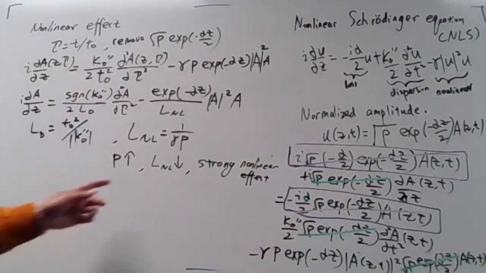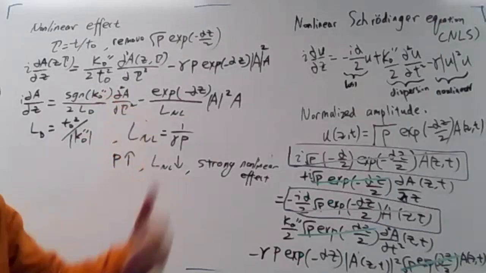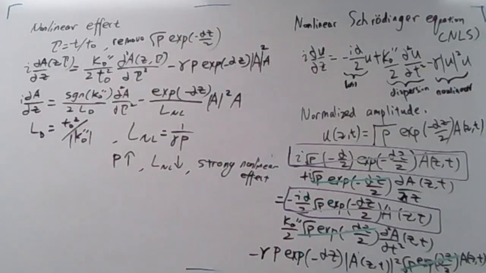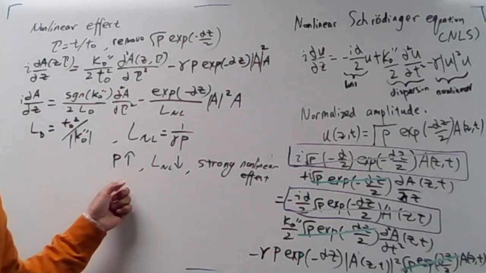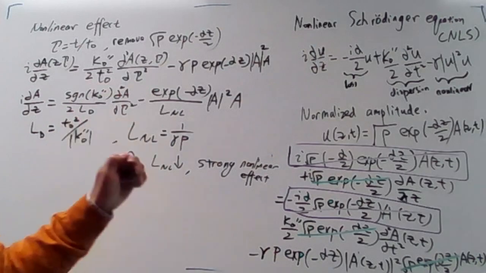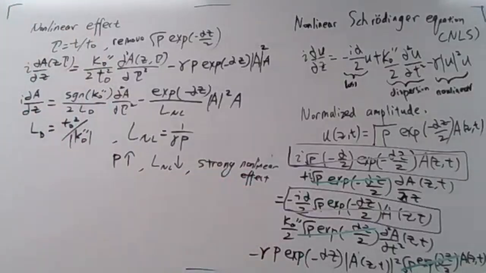So once my fiber or optical device has a length comparable to the nonlinear length, then we'll have nonlinear effect. It's the same thing as the dispersion length. I know it's kind of tricky at the beginning. Once we have high power, the nonlinear length is small, and that means we have a strong nonlinear effect.